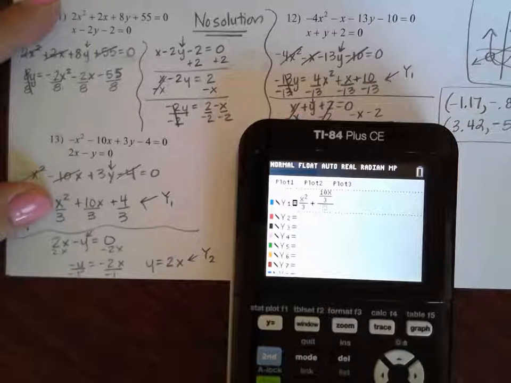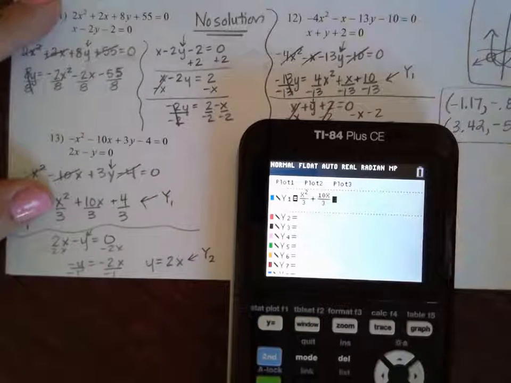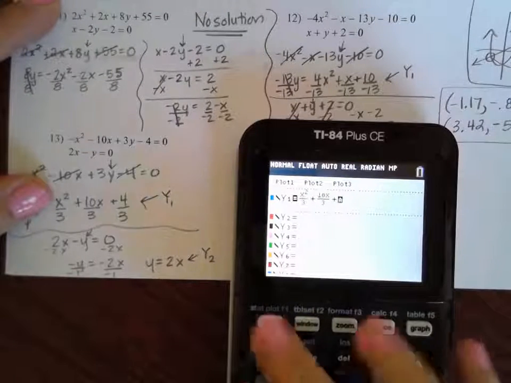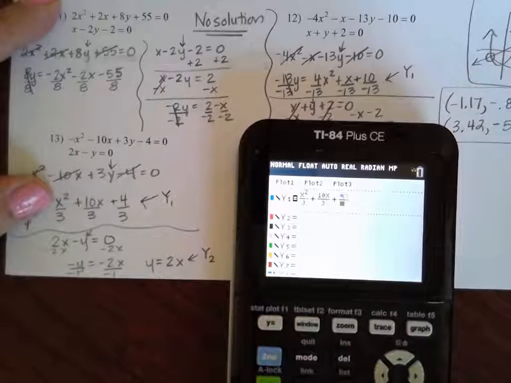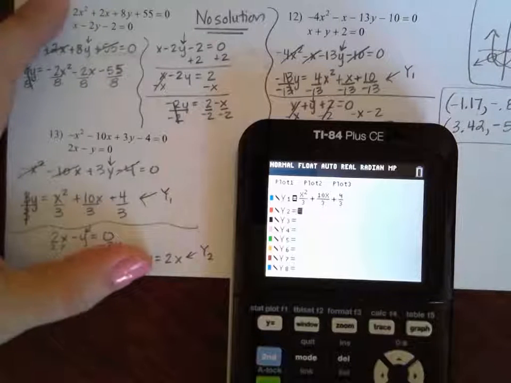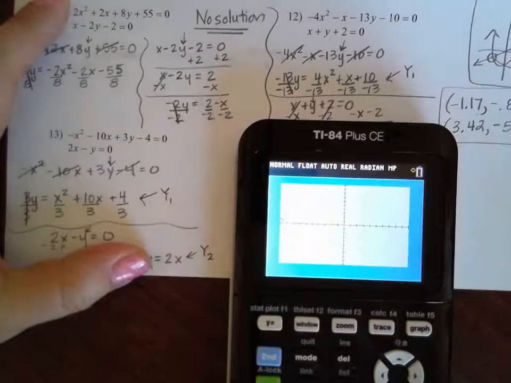Oh, what did I just do there? Not what I wanted to do. There we go. And that x can be in the numerator or it can be off to the side. It doesn't matter. It'll work either way. Plus alpha y equals 4 over 3. And there's my first equation. Second equation is just 2x. So graph.